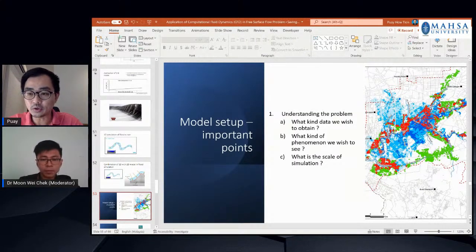So this is actually a combination of a 1D model and a 2D model.